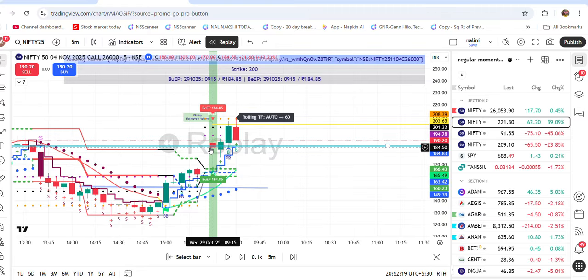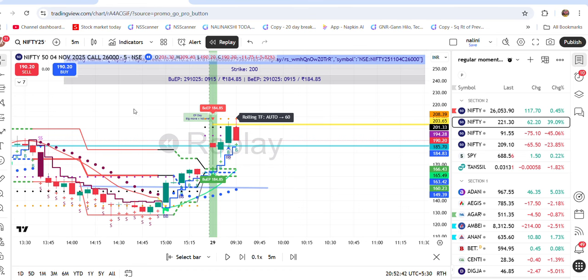This is a spark actually. EP, episodic pivot, is a spark. And when the price starts moving above 184 rupees, it will be positive. So let me play that, and I will show the 26,000 PE also.